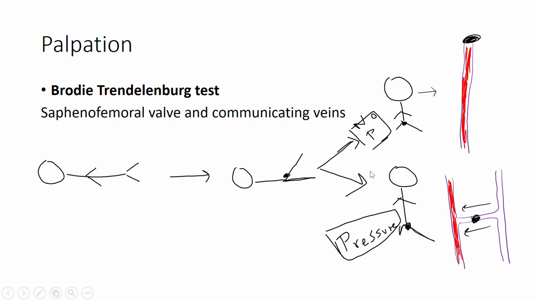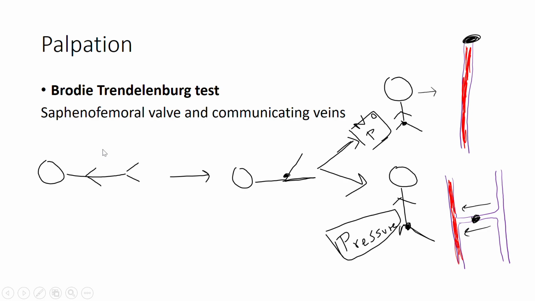Now here two things can be done. After this second step, you ask the patient to stand up and you release your thumb. Now what happens is, when you release the thumb, if the blood flows in immediately, as soon as you release, and the veins fill or the prominent veins appear, then we can say that the saphenofemoral valve is incompetent.